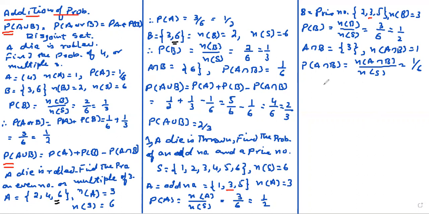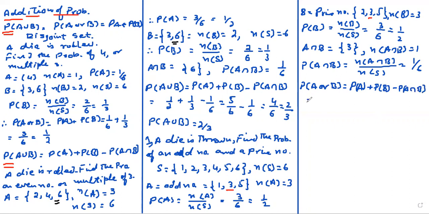Probability of A or B equals probability of A plus probability of B minus their joint occurrence, probability of A intersection B.